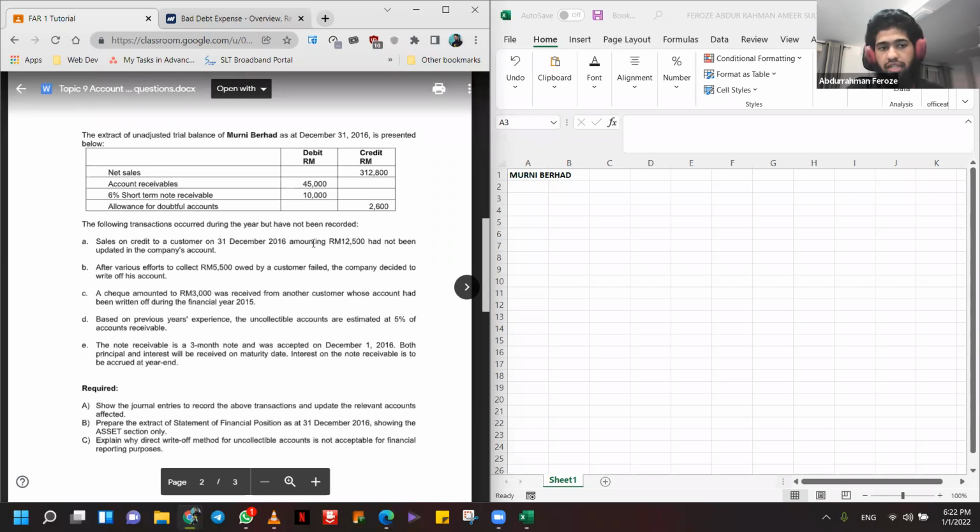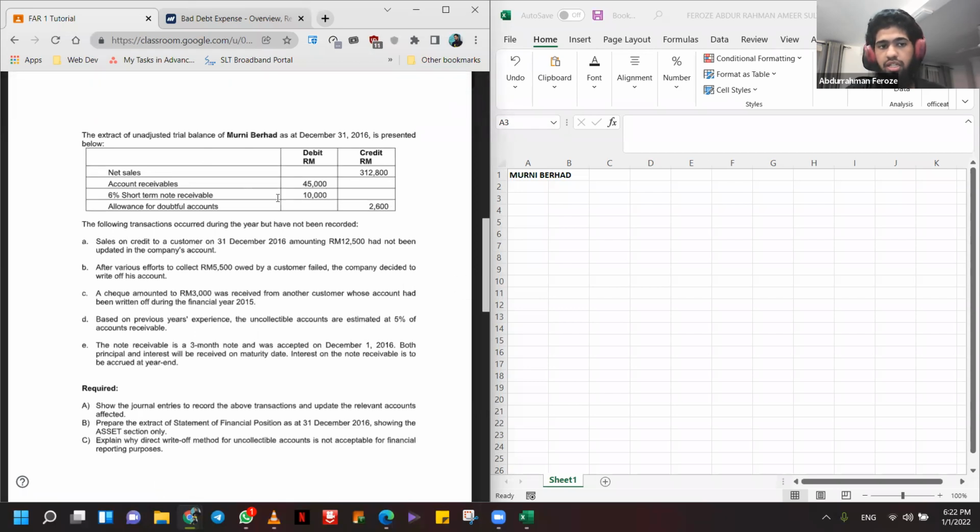This is what they have given us: net sales 312,800 ringgit, accounts receivables 45,000, 6% short-term note receivables 10,000, and allowance for doubtful accounts 2,600.